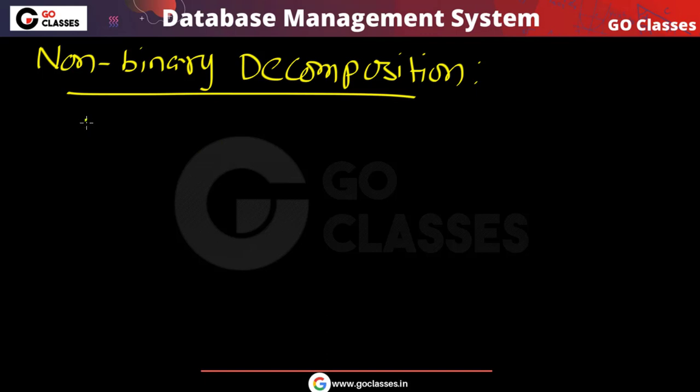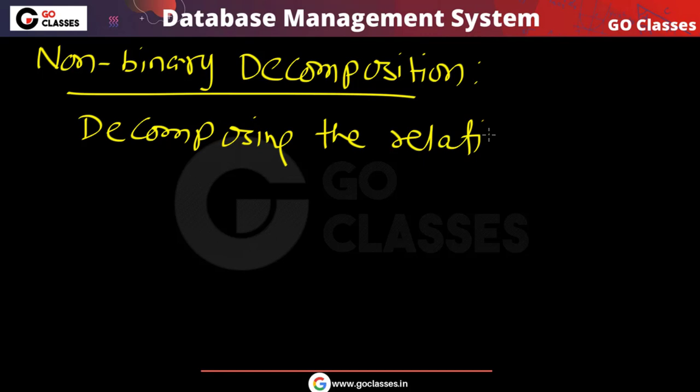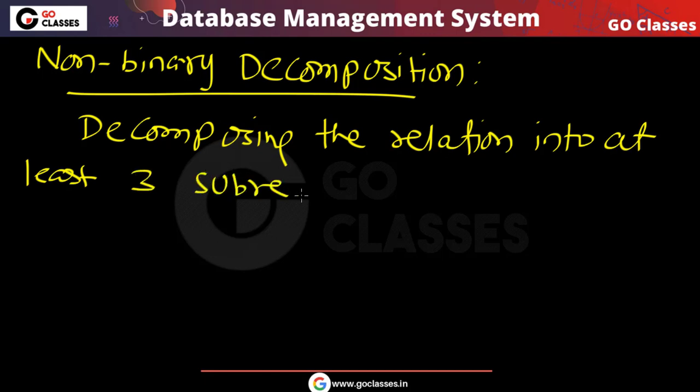So non-binary decomposition means we are decomposing the relation into at least three sub-relations. This type of decomposition is called non-binary decomposition.